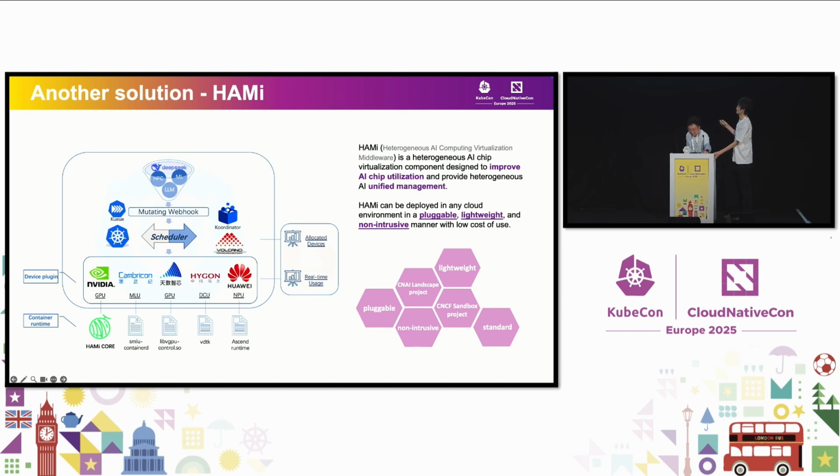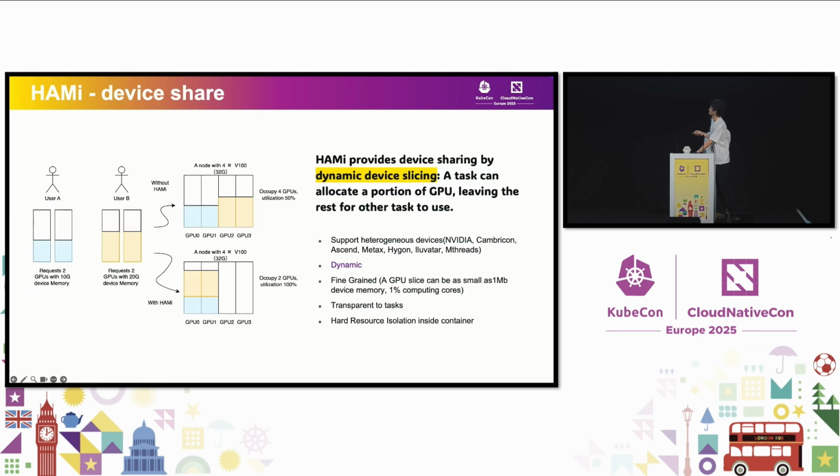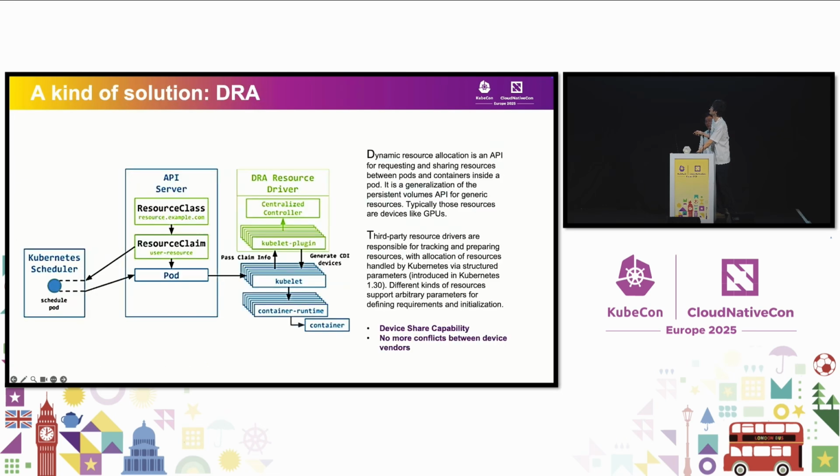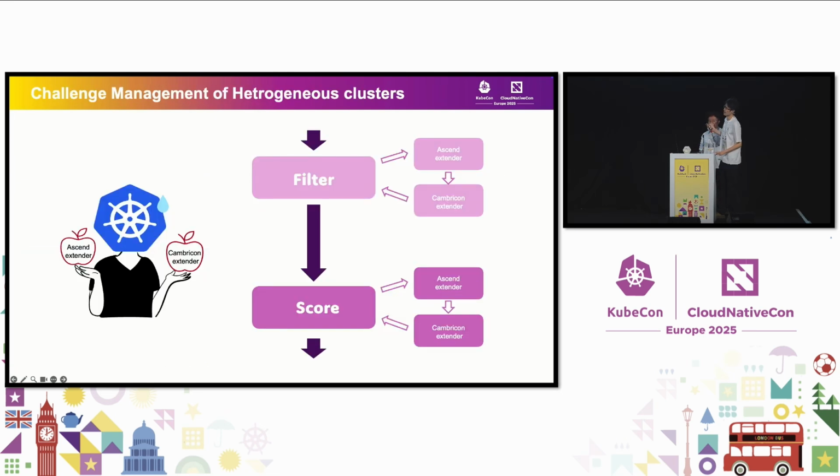HAMi is composed of a mutating webhook and a scheduler extender, and we do the scheduling there. We implement the filter and score process: we do the additional GPU filtering and GPU node scoring in the scheduler extender.